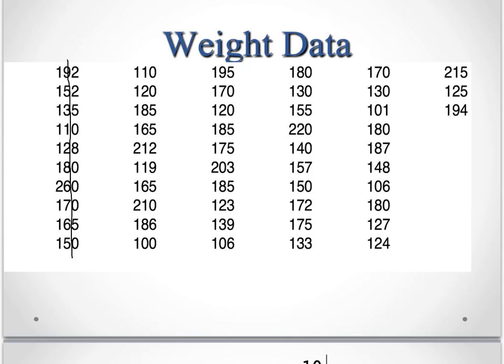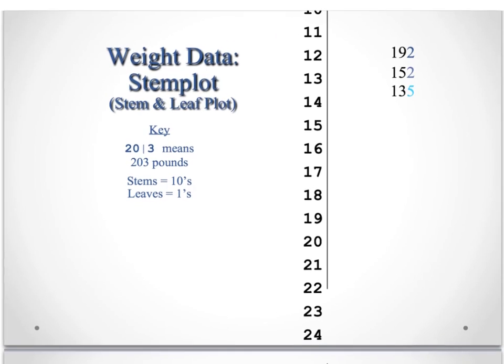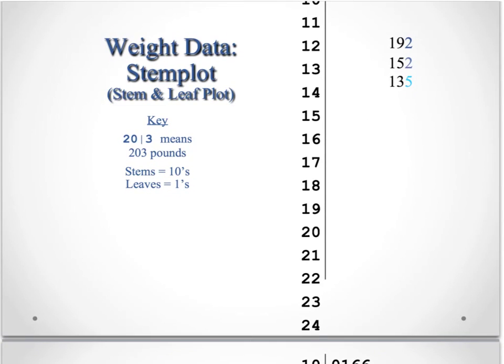And I'll show you how to do these first 3 onto the stem and leaf plot. So we'll take, let me get this to move down for me just a little bit. Cut off the top number. That should be a 10 up at the top. Okay. So 192 is our first observation.